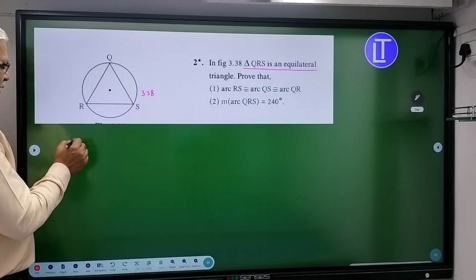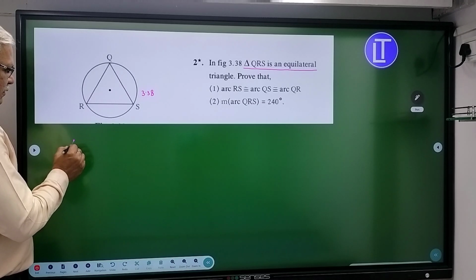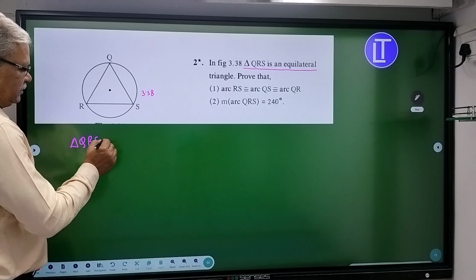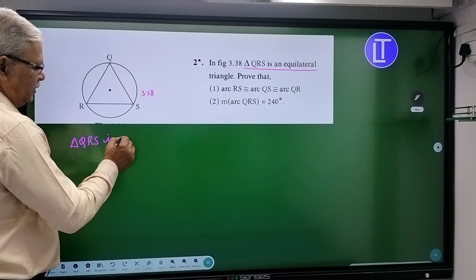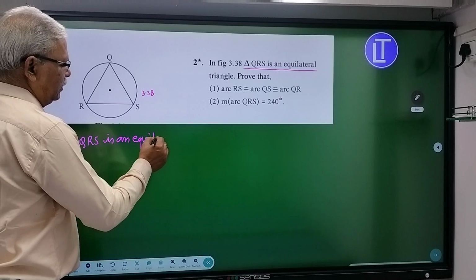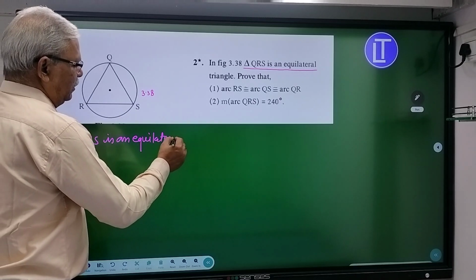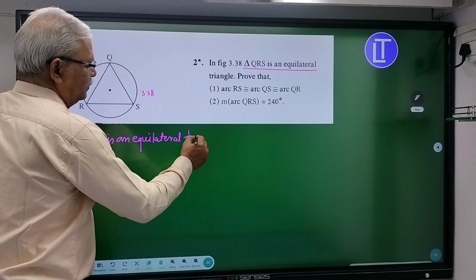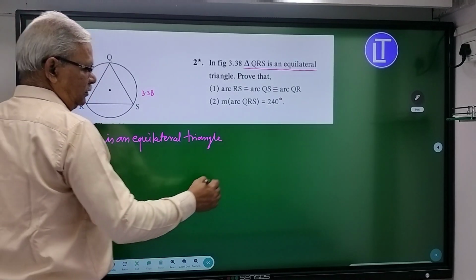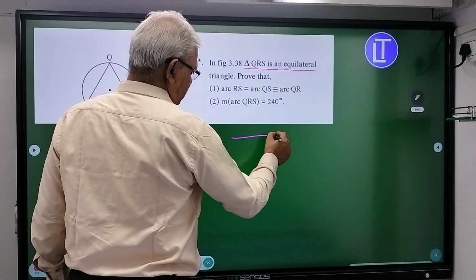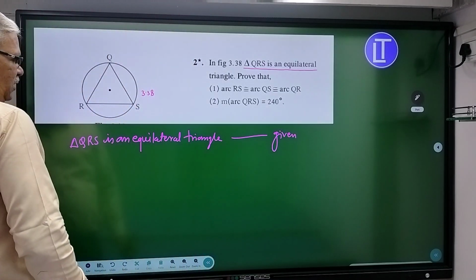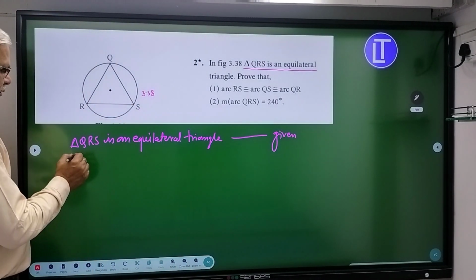Then we will write here first: triangle QRS is an equilateral triangle. Okay, it's given. Therefore, what will happen?